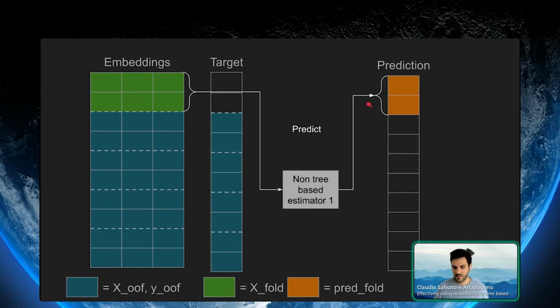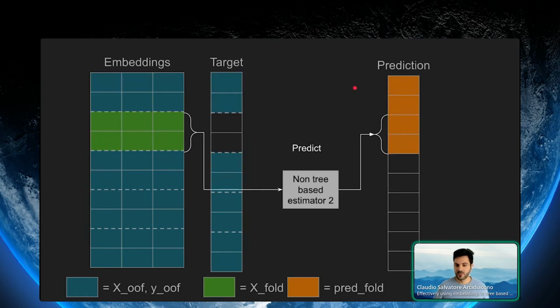This way I obtain predictions for the first fold. Then I'm going to continue the process by leaving one fold out and using all the others, and I'm going to generate predictions for the next fold, and so on and so forth. In this process, I'm going to generate predictions for all of the folds.